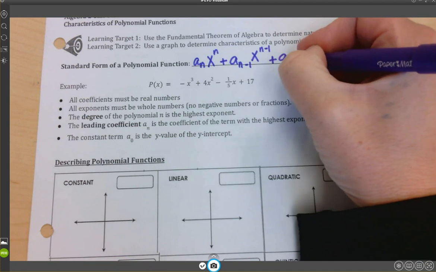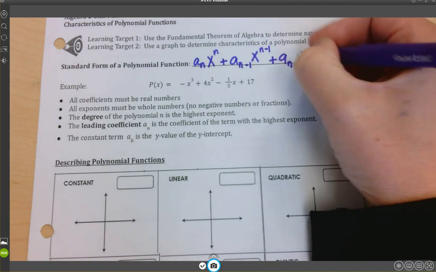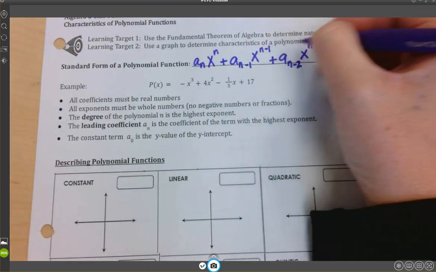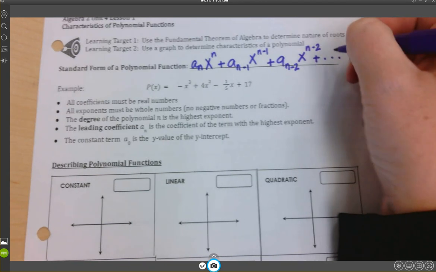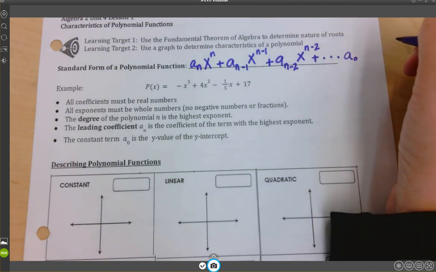And then you're going to have your next, which means it's going to be 2 less than the first one, x raised to the n minus 2. So your exponents keep getting smaller until you get down to the constant term, which does not have an x on it, and we would just call it a sub 0. Constant term does not have an x.